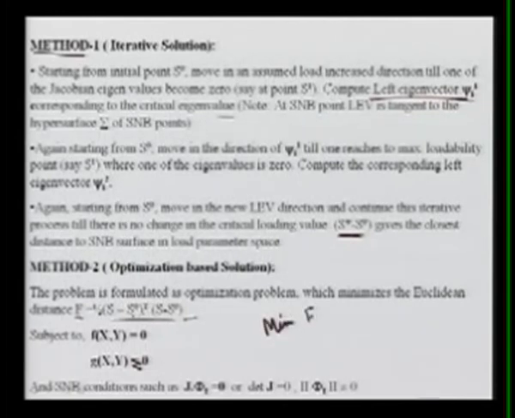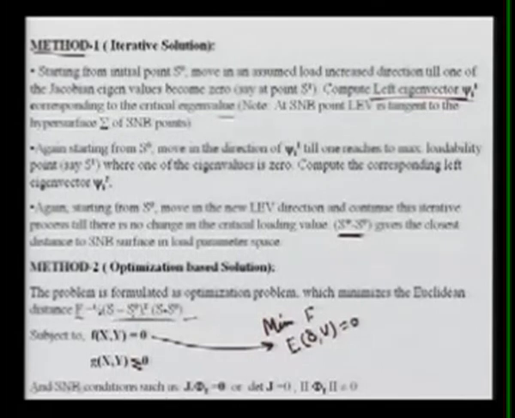Constraints here are nothing but your power balance equations, that is f of delta, v is equal to 0. In this case, this f of delta, v corresponds to both the real and reactive equations.